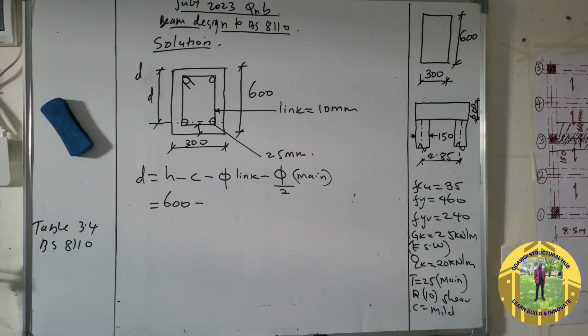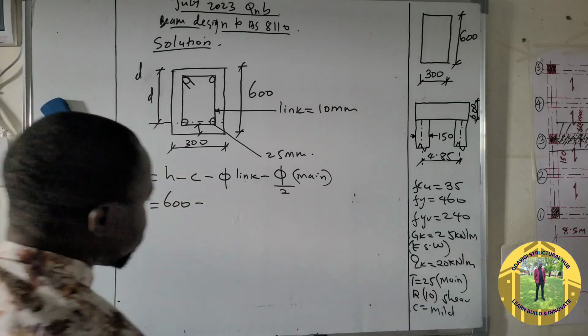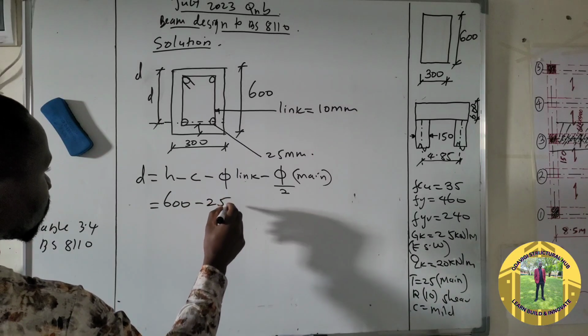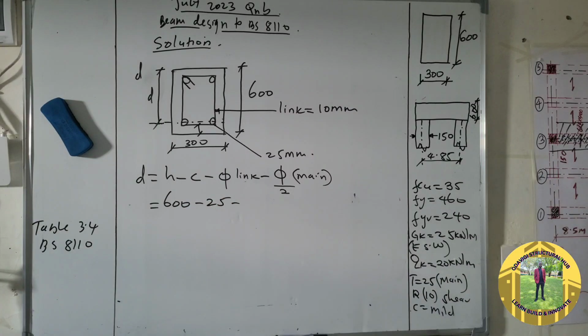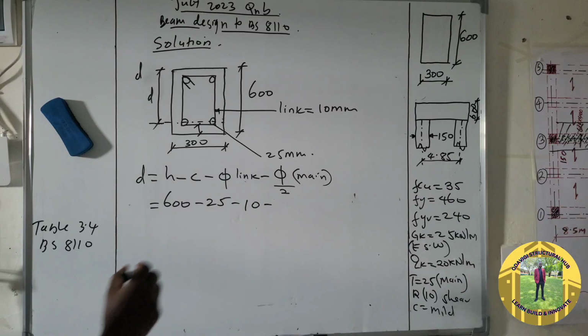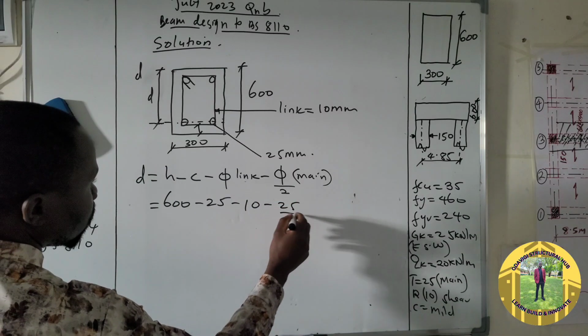You have been told that the main diameter is 25. So if you compare 20 and 25, automatically 25 is greater. So we will use 25 as cover. So minus 25, minus the diameter of the link, which is 10, minus the main bar, which is 25 over 2.